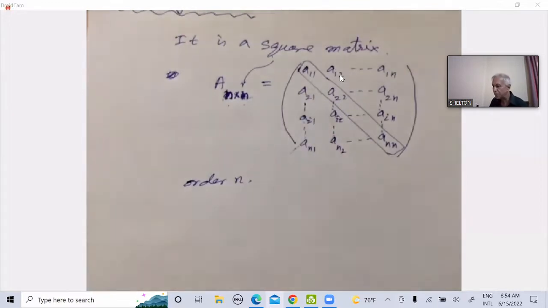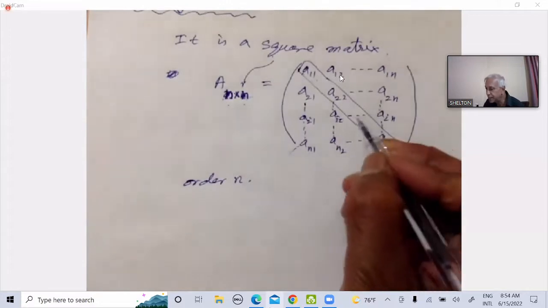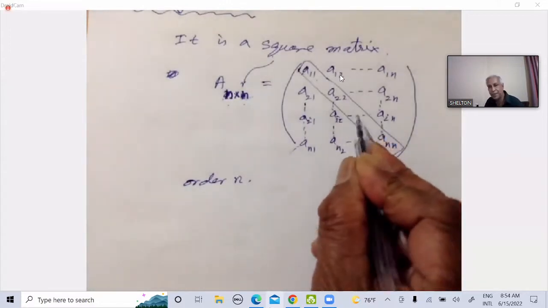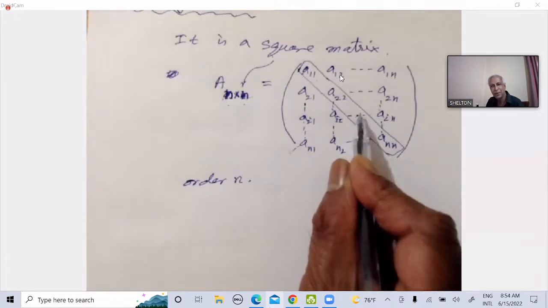Now, what are the diagonal entries? What is the entry here? It is the ith row, ith column.